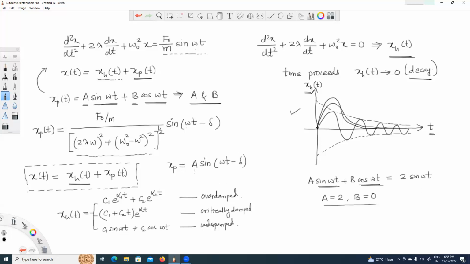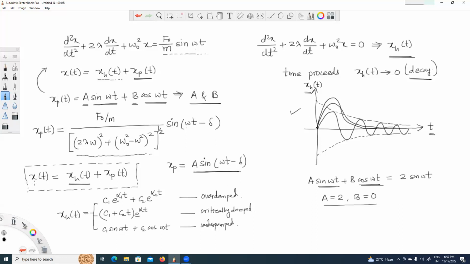So what does this indicate here? This sine indicates that my displacement field, which is a particular solution, is periodic in nature with a certain amplitude. And if I superimpose the solution of the homogeneous differential equation xh, which is this particular graph, over this periodic function xp, I'll get the displacement field.